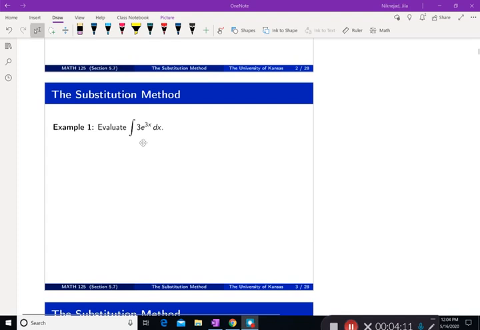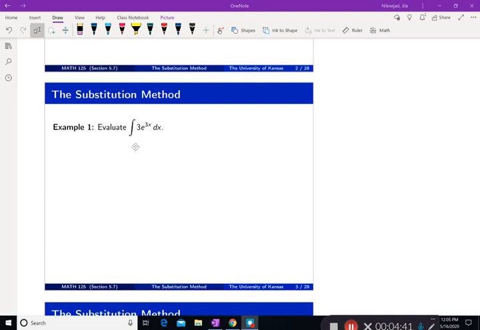Not every antiderivative is easy to guess, and this is one that we start with, and usually the ones that we start with are easier to do with other methods as well. In here, if I'm taking the antiderivative of 3e to the power 3x, I look at e to the power 3x, and I have a feeling that this comes from a composition of two functions.